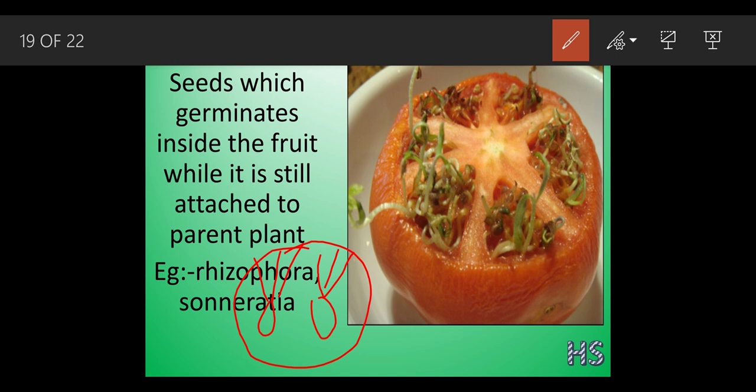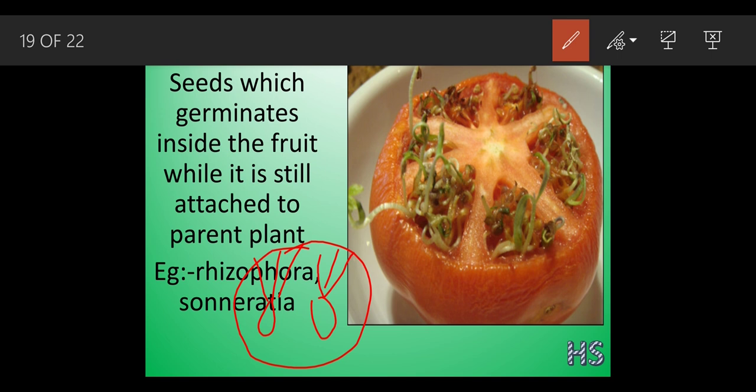The word viviparous you have already heard in your lower standards. Viviparous means producing live young ones, that means giving birth to the young ones. There is oviparous also. What do you mean by oviparous? Which gives eggs, like how the hen gives the egg, and inside this egg there is a little chick.